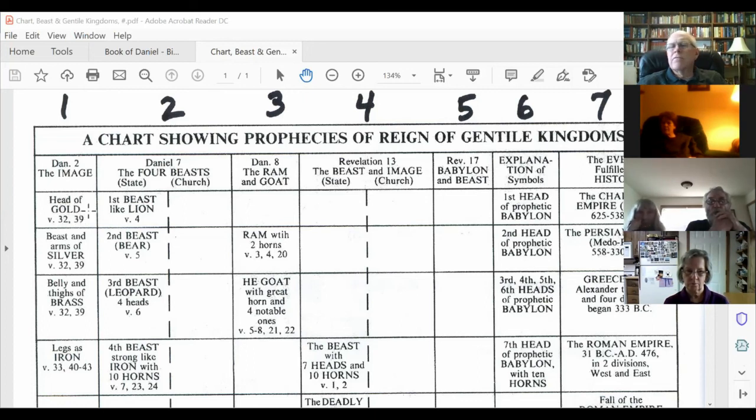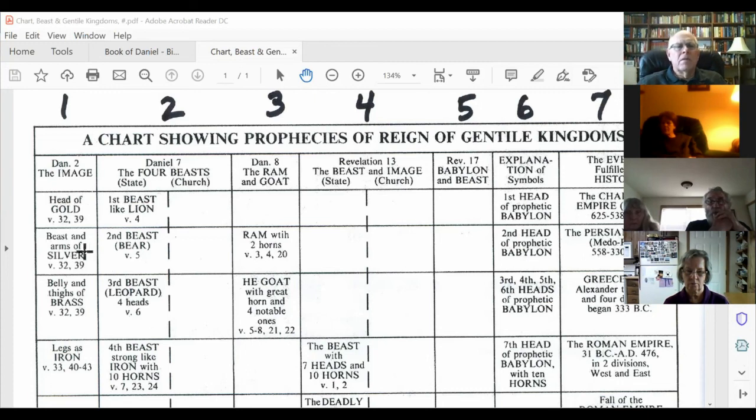Daniel 2, the head of gold, is the same as Daniel 7, the first beast like the lion. Explanation: first head of prophetic Babylon. And that is the Chaldean Empire, the Babylonian Empire, and it gives the dates.